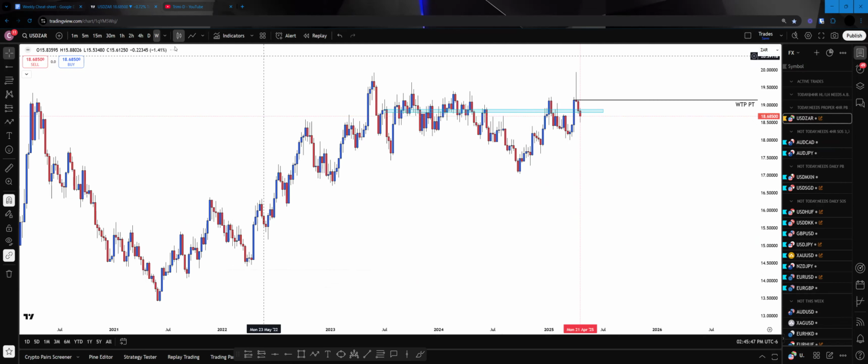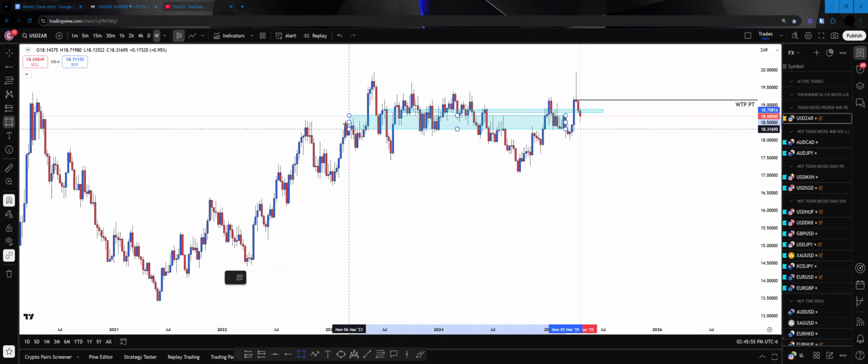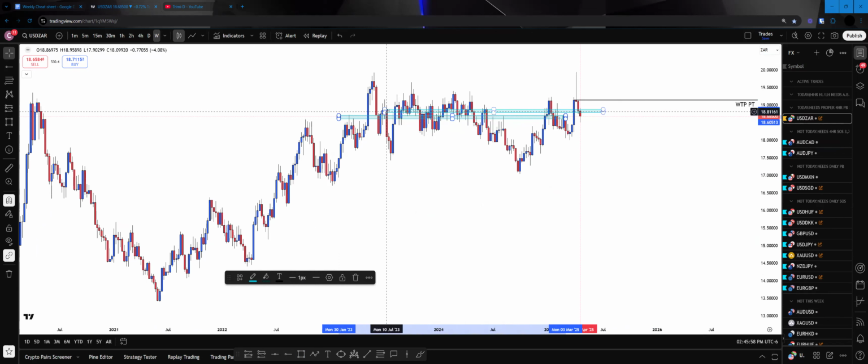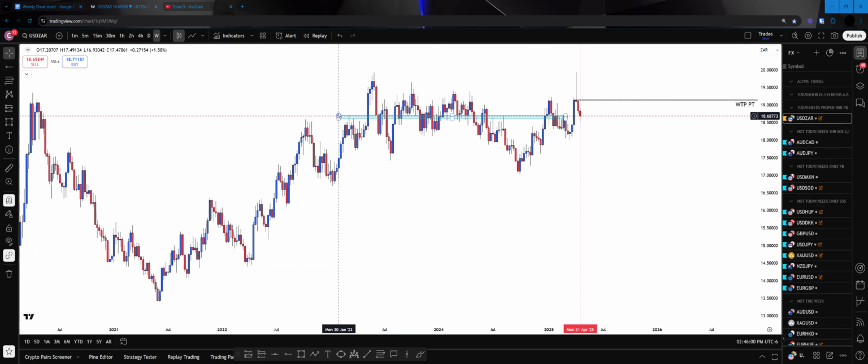And Zarbamba weekly pulled back to, yeah, we're at a weekly area of interest.